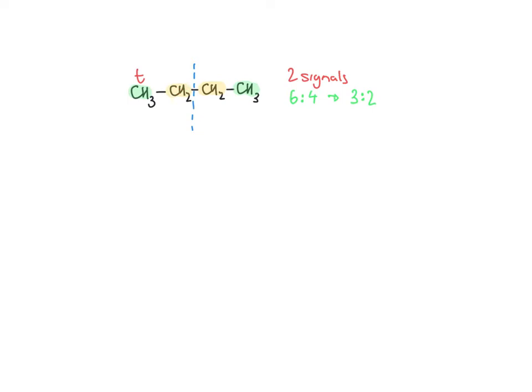Adjacent to the CH2 is a CH3, a methyl group that has 3 hydrogens. Our splitting pattern is n plus 1, so the number of hydrogens plus 1. So that is going to be 3 plus 1, which is 4. So what we would see in our signal for our CH2 is that it's split into a quartet.